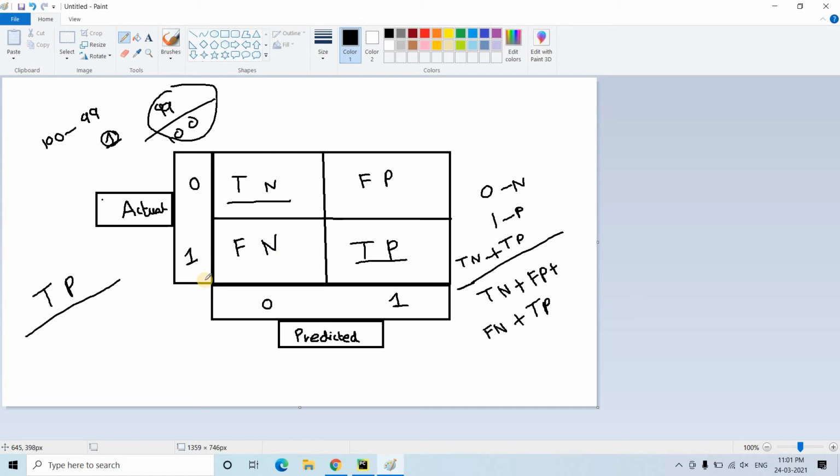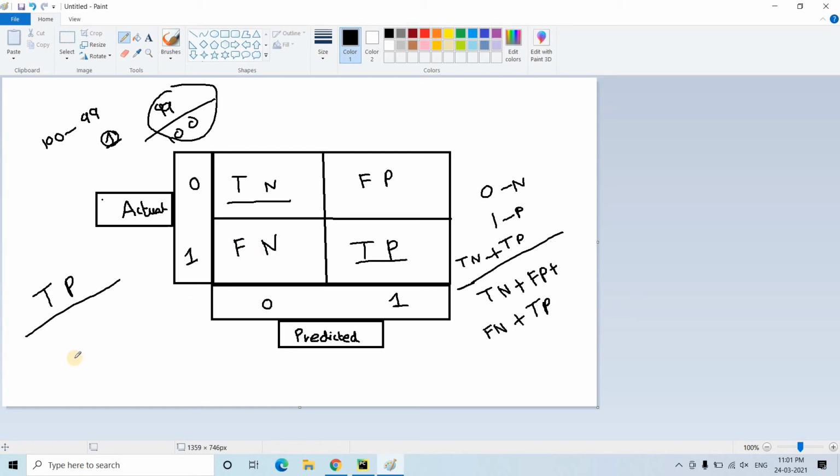Now consider one particular situation where this false negative is a very important factor. Suppose we have to detect whether a particular person is suffering from cancer or not. You have to train a machine learning model which can do this work, for simplification.